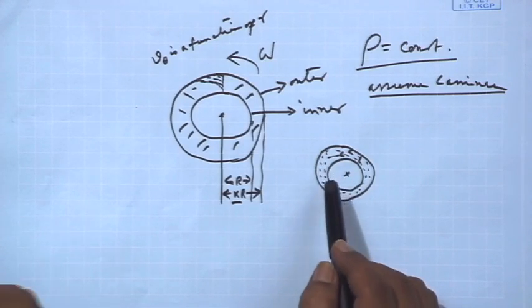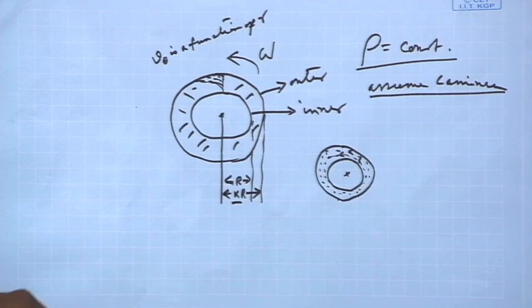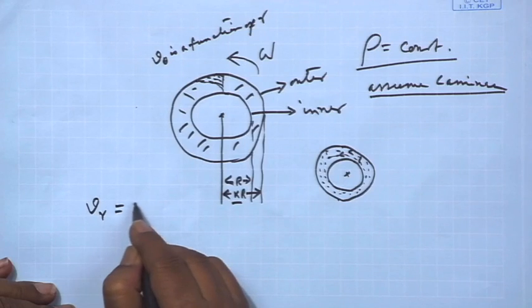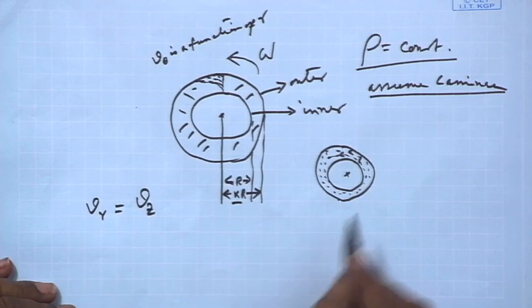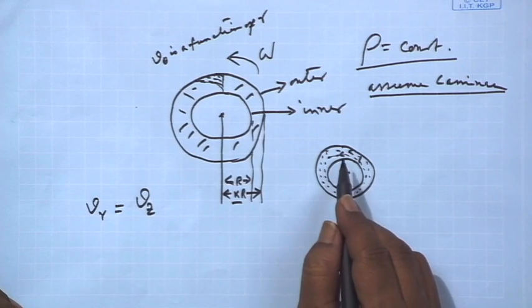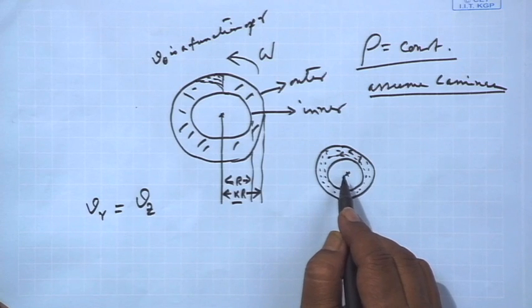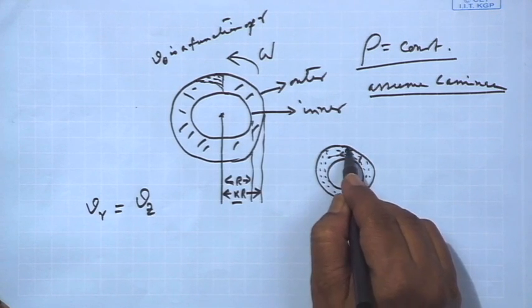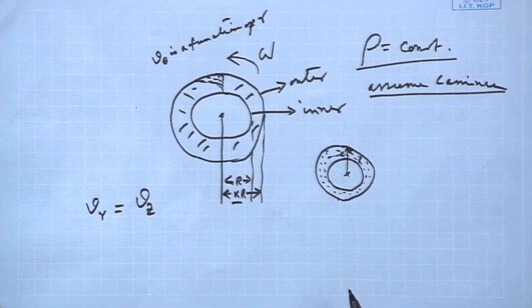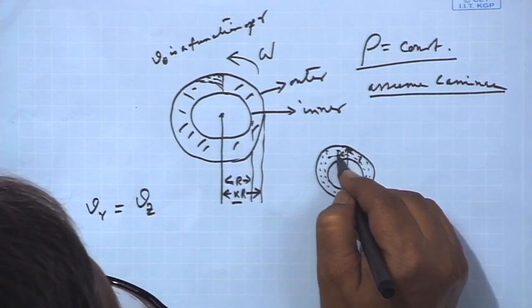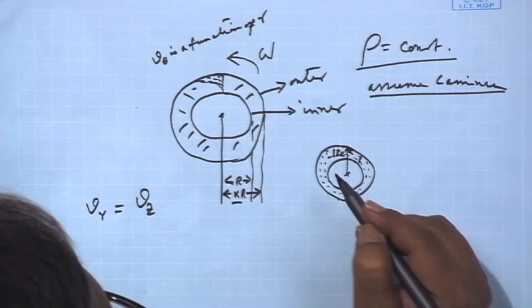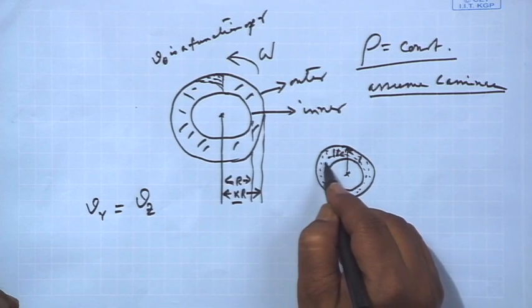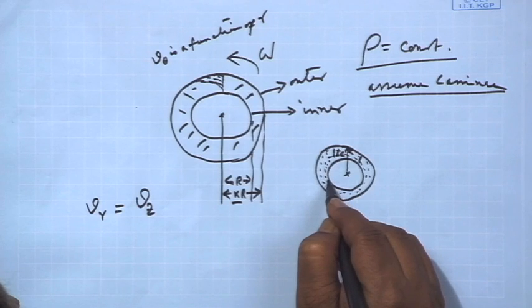Now, if that is true, from this condition we can say that V r is equal to V z, that is zero. That means there is no velocity in the r component. Had there been any velocity in the r direction, the layers would have mixed, which they do not, because we assume there are streamlines like this.